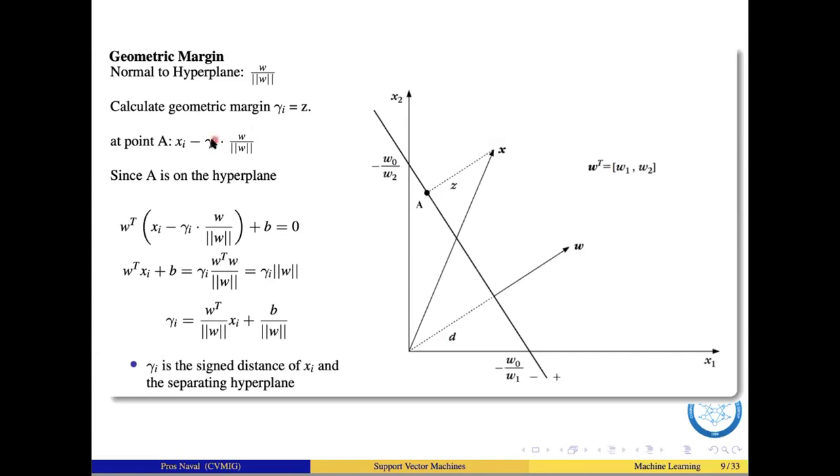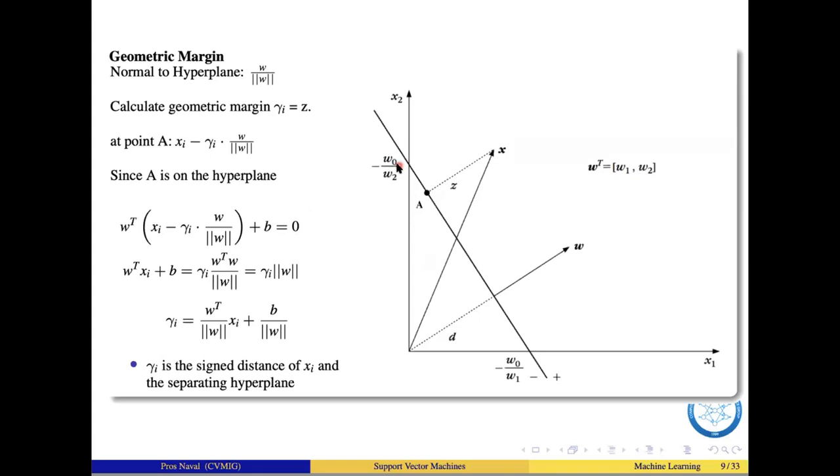So at point A, what we have is the following. Now, since point A is on the hyperplane, it must therefore satisfy the condition W transpose XA, which is this whole thing here, XA plus B equals 0.